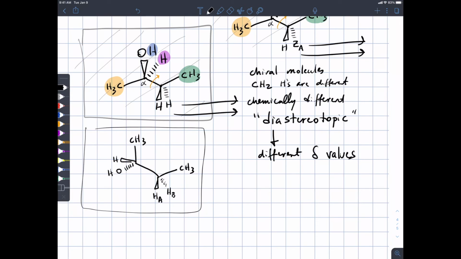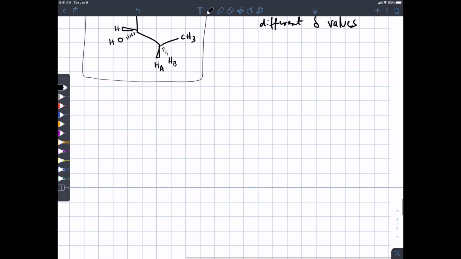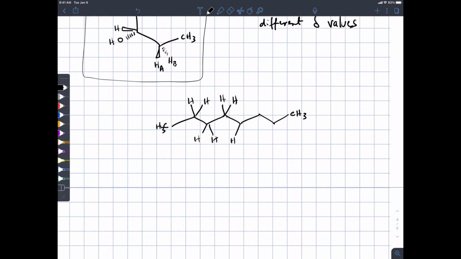Does it matter if you have a bigger molecule, like a polymer or something, that has a lot of the same types of hydrogens that all link together? How does that affect ppm? Yeah, so the question is, if you have a molecule where there's a lot of similar kinds of hydrogens, how will that affect chemical shift?